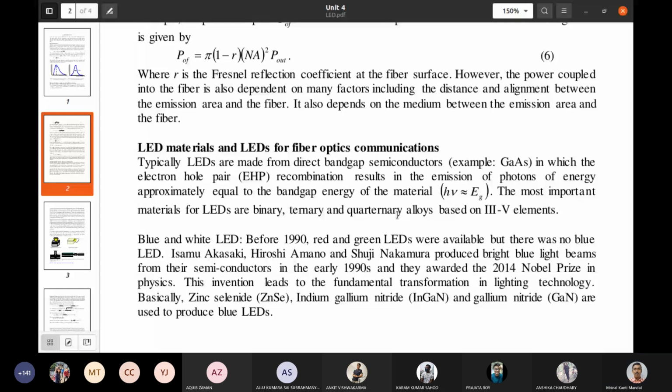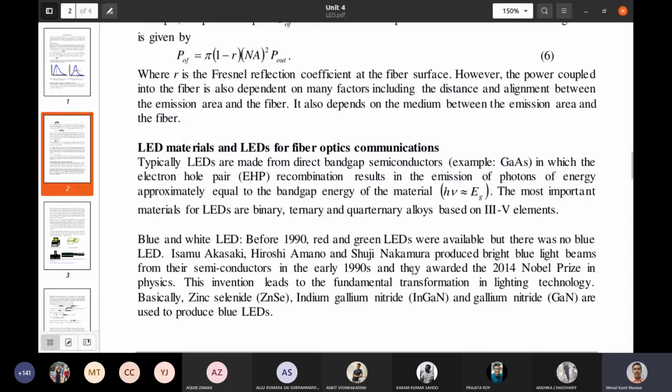The first huge importance was for blue LED, and that has been possible due to the availability or proper designing of gallium nitride, indium gallium nitride, or zinc selenide, this semiconductor material, right?